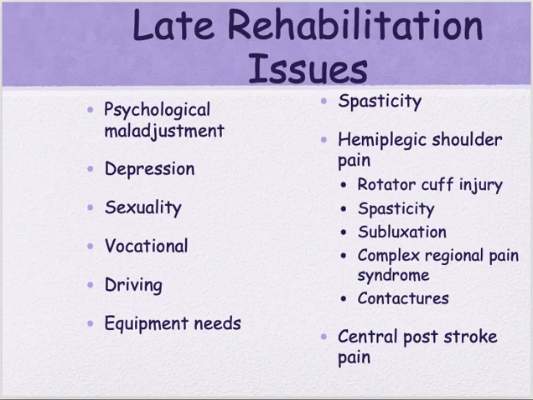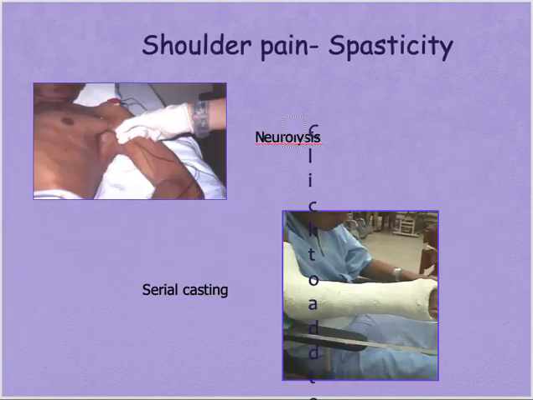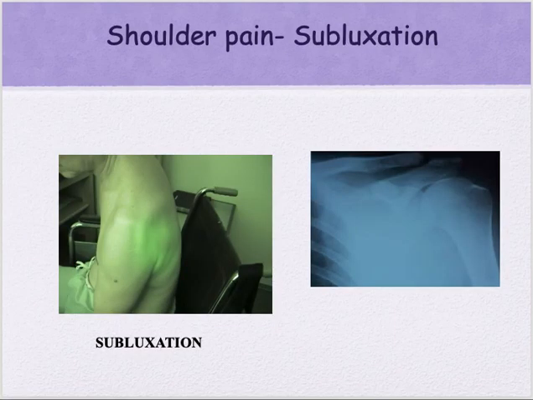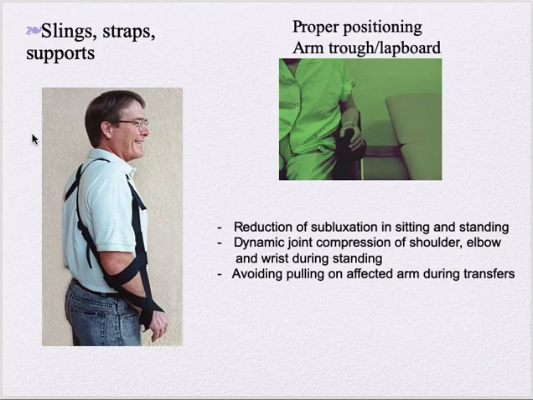So in short, many patients do have this shoulder pain. You can see the photograph of subluxation, and you can see over here, this one is a sling. Okay, this is a shoulder sling, which is basically supporting the whole arm, and this is the positioning of the hand which can be used.